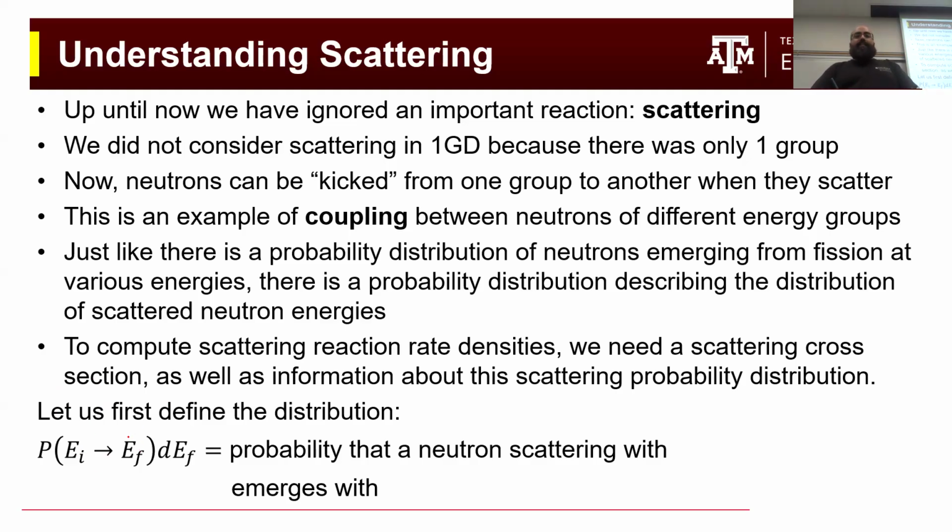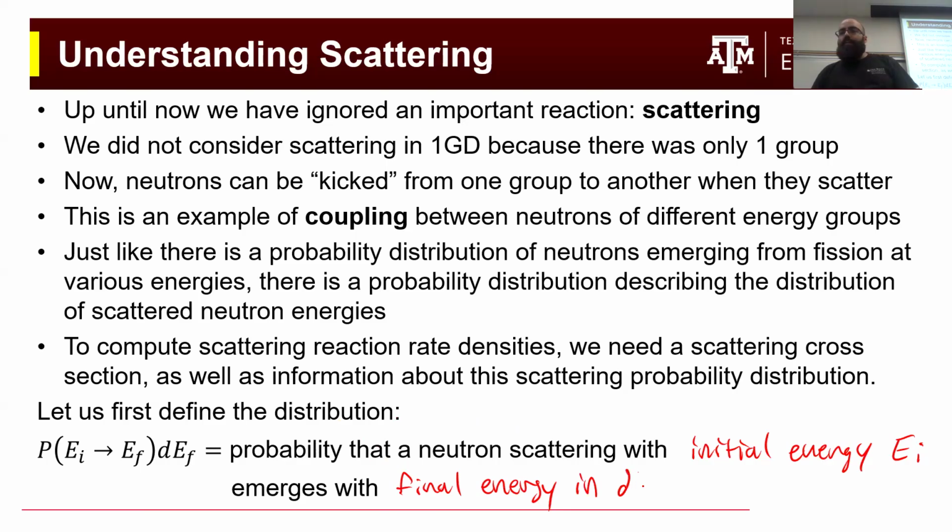And if I take that P of EI to EF and multiply it by dEF, then this entire quantity tells me the probability that a neutron scattering with an initial energy EI emerges from that scattering reaction with a final energy EF in the interval dEF, or you could think of it as around the final energy EF.